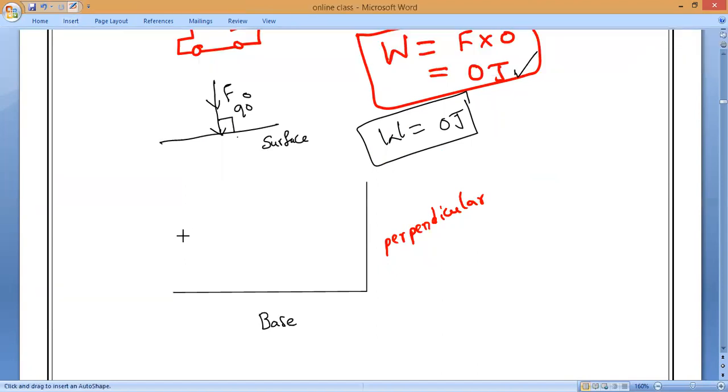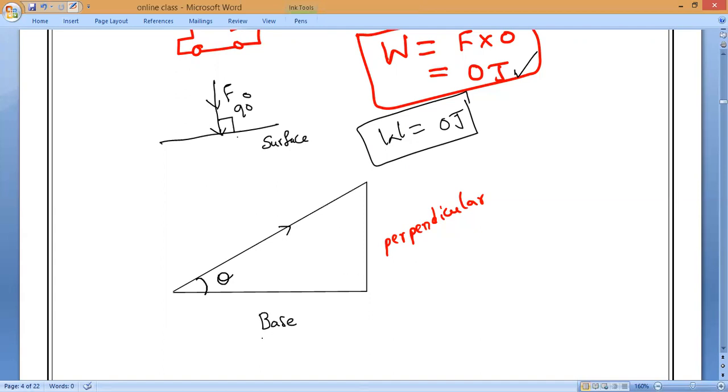Now, if you want to see the displacement in the body, there are two ways to apply the force: one is parallel to the surface, or else obliquely. That is what you have to remember. If I apply the force obliquely, like the boy pulling the toy car at some angle, then you can see that displacement will take place.